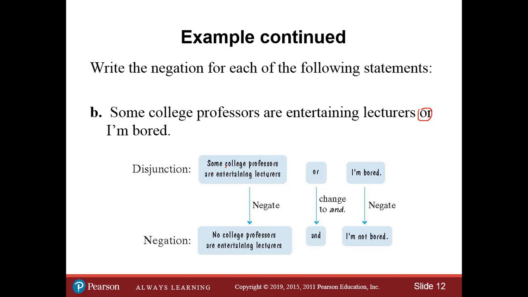If we say some college professors are entertaining lecturers, and we want to negate that, we would say no college professors are entertaining lecturers. Then we change the or to an and, and change I'm bored to I'm not bored. And so this would be the negation.